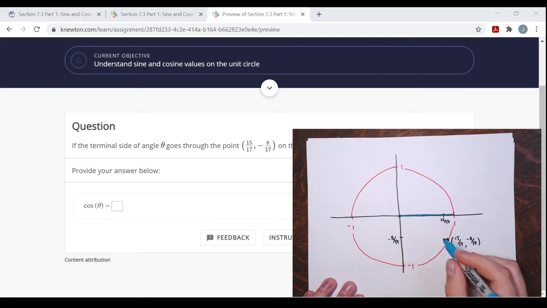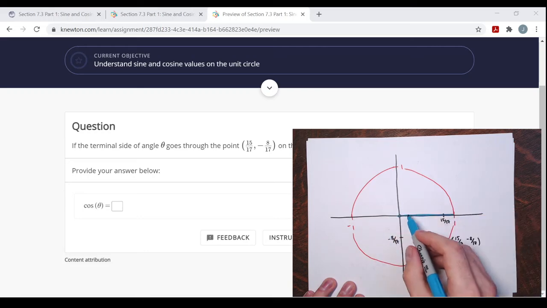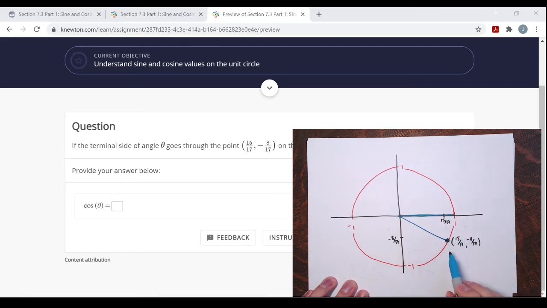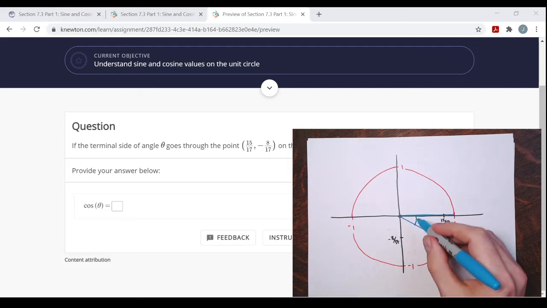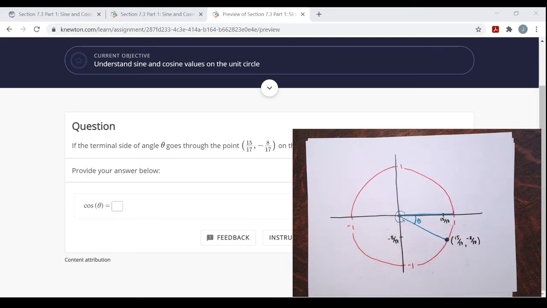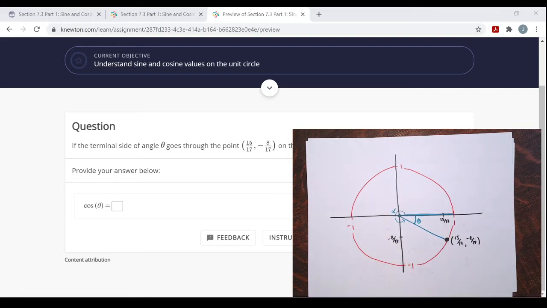Now you could draw it in the counterclockwise direction or the clockwise direction, a positive angle or a negative angle, and they're saying the end of that angle has this point on it. So it could be this way. I could draw a clockwise angle, that angle there is angle theta. Or I could have drawn this angle. Doesn't matter. But either way, I've drawn a central angle whose terminal side contains this point on the unit circle.